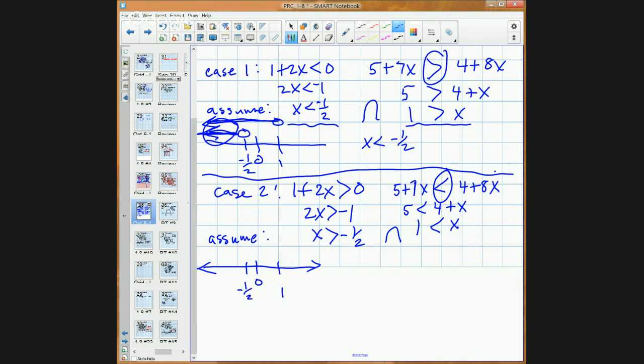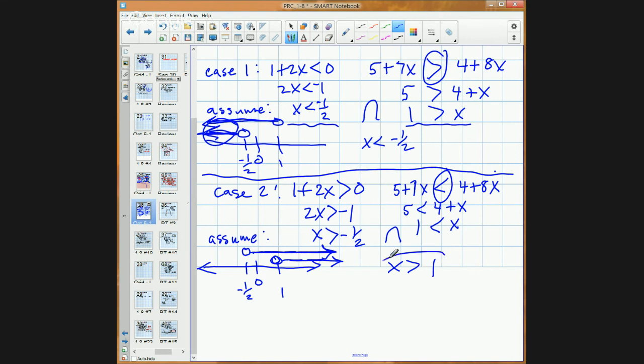And one answer is that it's bigger than negative 1/2. That looks like this. And the other answer is that it's bigger than 1. Where are those two overlapping? Can you see it's just bigger than 1 is where they overlap?